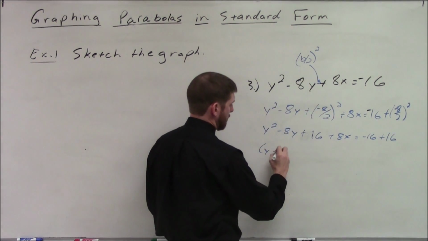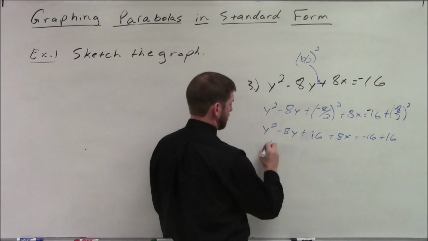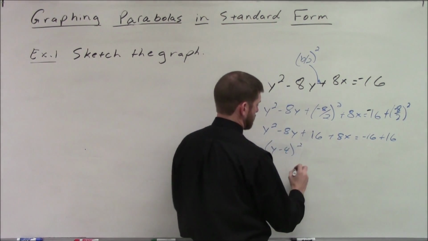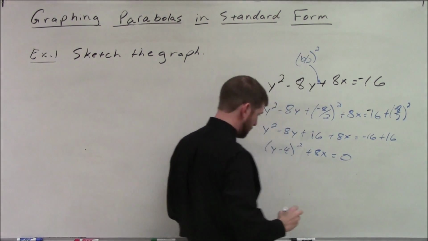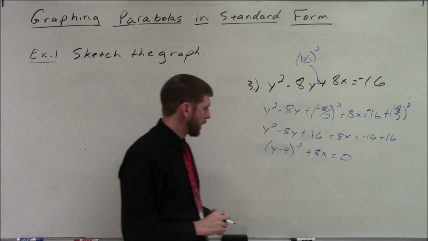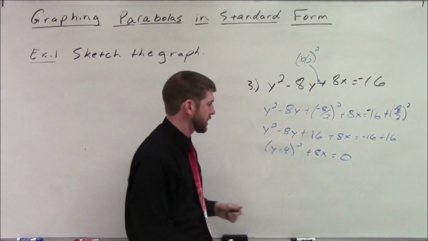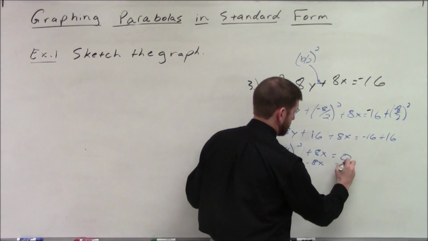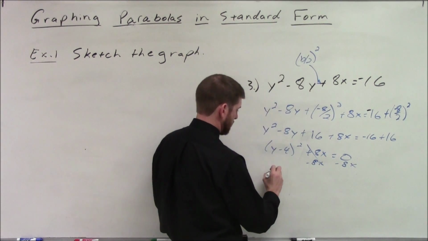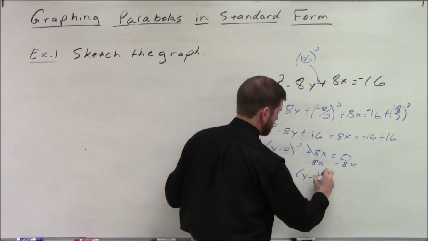So we're going to get y minus 4 and y minus 4, so y minus 4 quantity squared plus 8x equals 0. So we're almost into standard form. So get the linear term by itself, so we can subtract the 8x over. It's pretty easy to move. So we get -8x equals y minus 4 quantity squared.